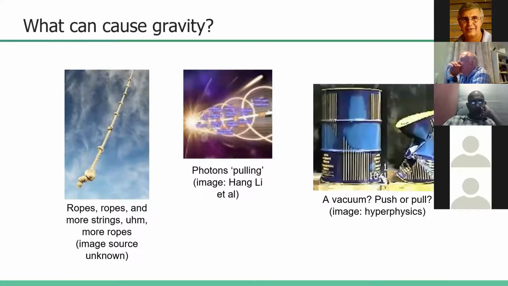Let's look at a vacuum. If you were a person sitting inside that can, and you could prevent your ears from popping and your eyes from popping out, and someone pulled all the air out of the can, you would see the sides of the can moving towards you or towards each other, and you would think that there is an invisible force attracting the sides of the can together.